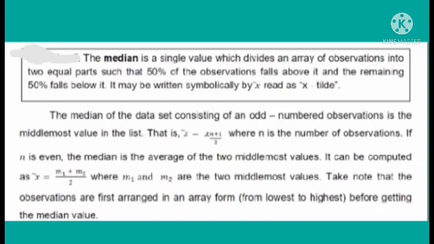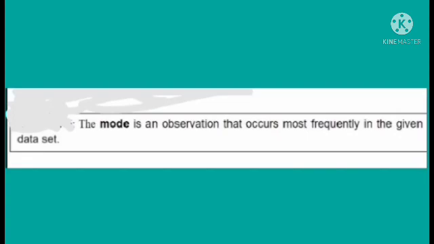It can be computed as x tilde equals m1 plus m2 divided by 2, where m1 and m2 are the two middlemost values. Take note that the observations are first arranged in an array from lowest to highest before getting the median value. Mode. The mode is an observation that occurs most frequently in the given data set.